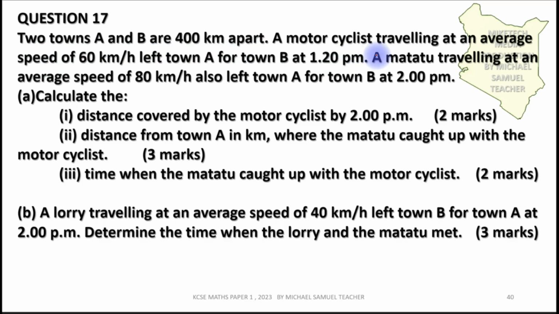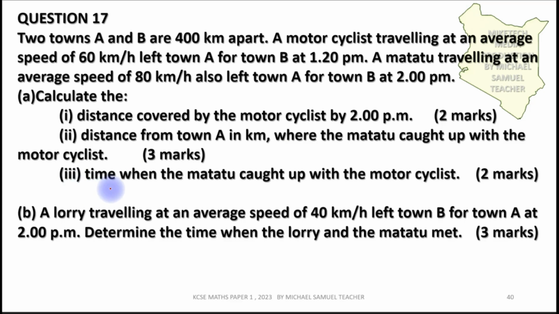A motorcyclist traveling at an average speed of 60 km per hour left town A for town B at 1:20 p.m. A matatu traveling at an average speed of 80 km per hour left town A for town B at 2:00 p.m. Calculate the distance covered by the motorcyclist by 2 p.m. Roman 2, distance from A in kilometers where the matatu caught up with the motorcyclist.